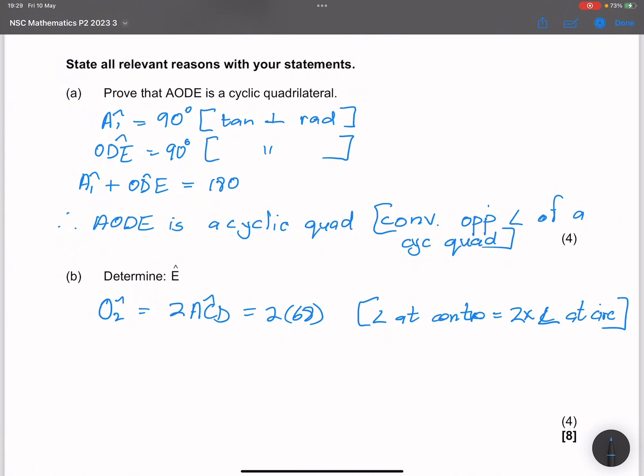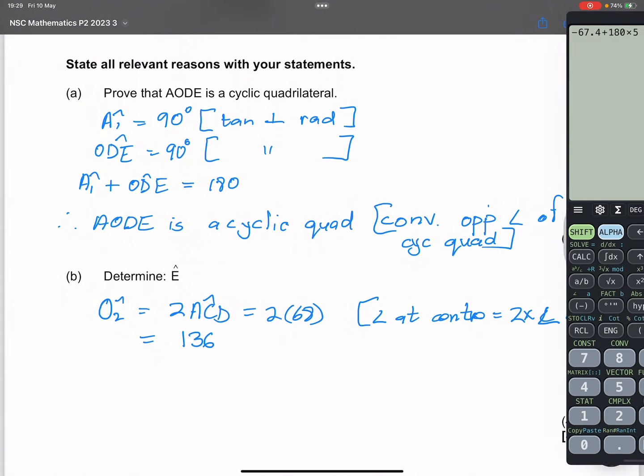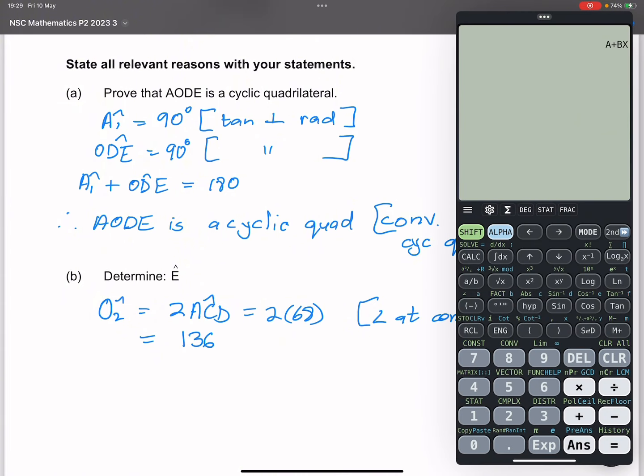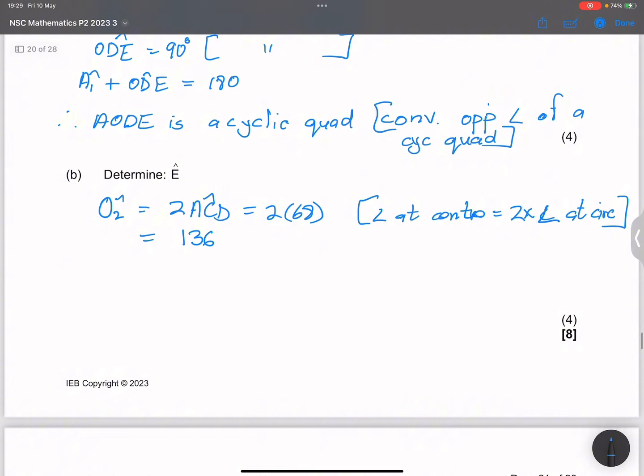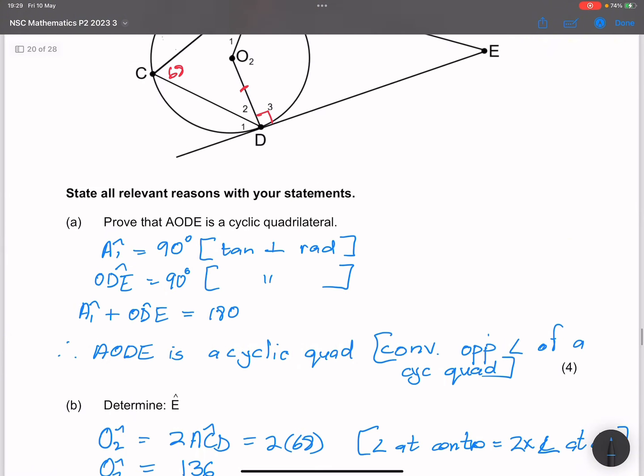So in this case, that means 2 times 68, that is going to be 136. Am I correct? I've been doing this for long now. So that's 136. So now I know that angle O2 is 136, but we know that that's a cyclic quad.